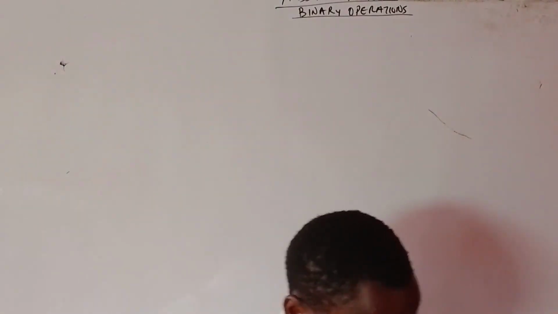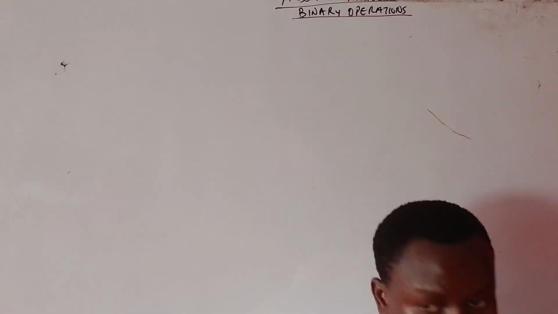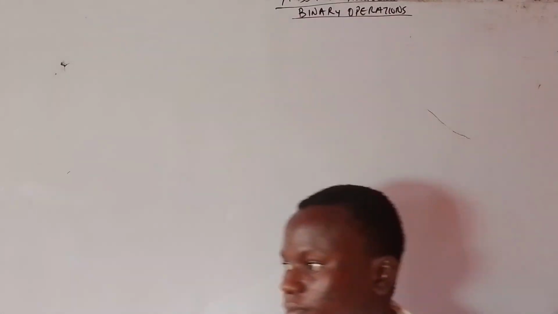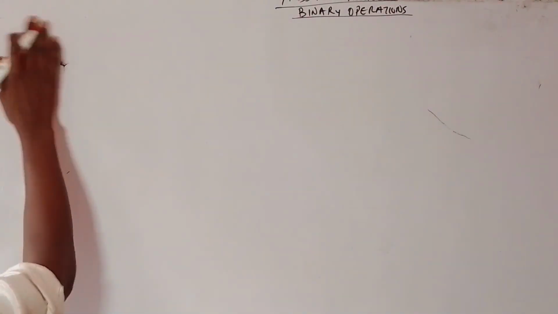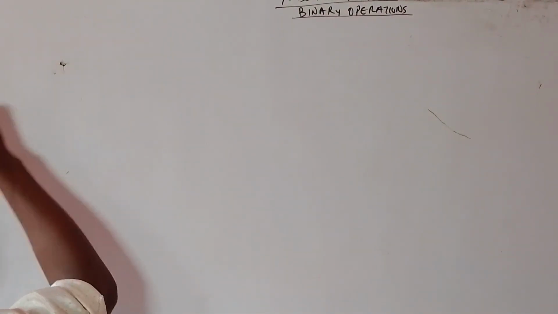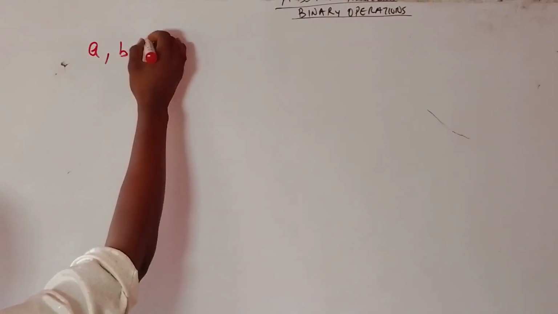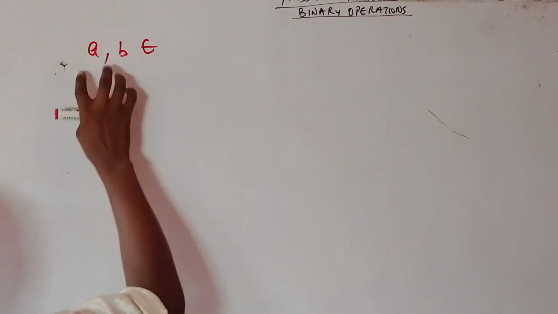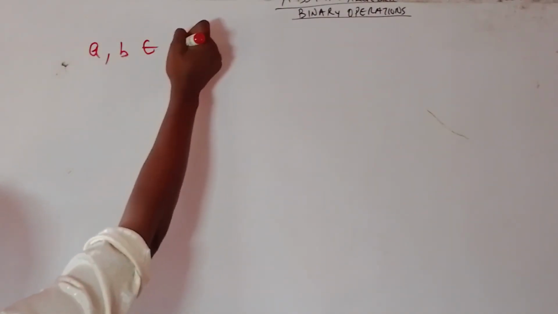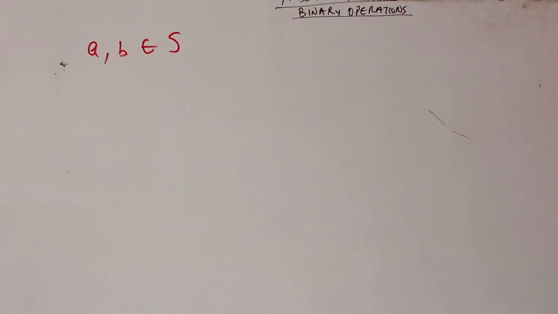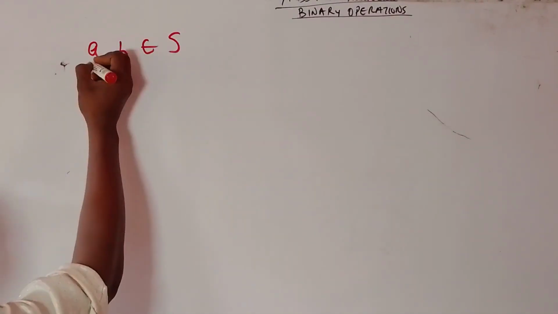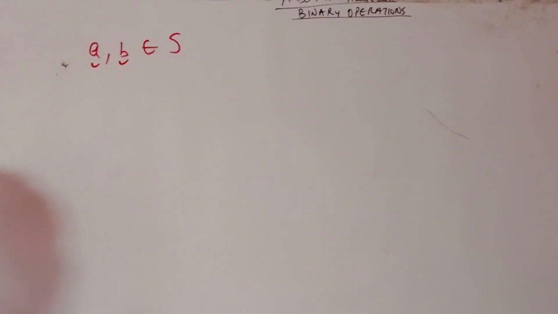Binary operations. A binary operation is any rule of combination of any two elements of a given non-empty set. Now, given two elements A, B, elements of set S, the rule that combines these two elements together is called a binary operation.